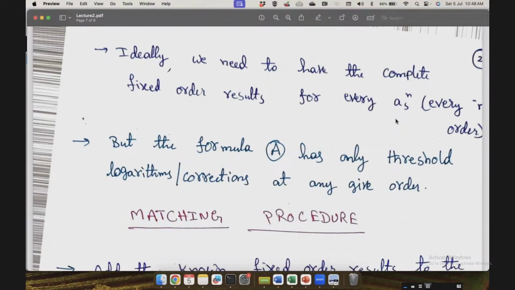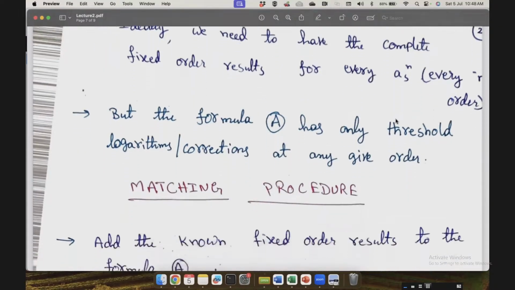But practically it is impossible to calculate complete fixed order results to all orders. But because of this universal nature, at least we can calculate some of the dominant logarithms even at higher orders. For the process dependent things, we know only very limited terms.